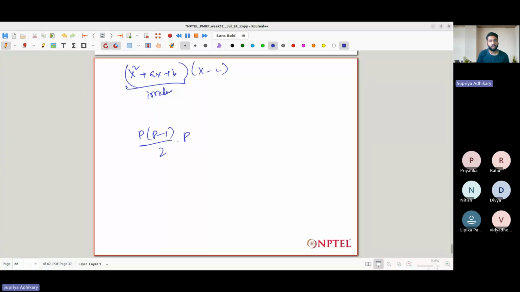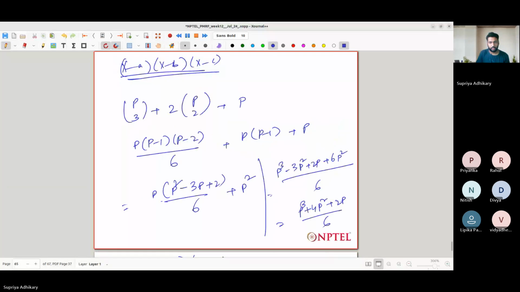So this should be the total number of polynomials of this form, and this is nothing but p square minus p over 2 multiplied by p. So this is p cube minus p square over 2. Now this is the total number of polynomials of this form.